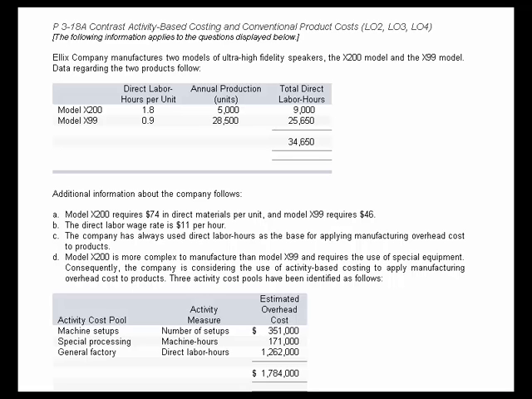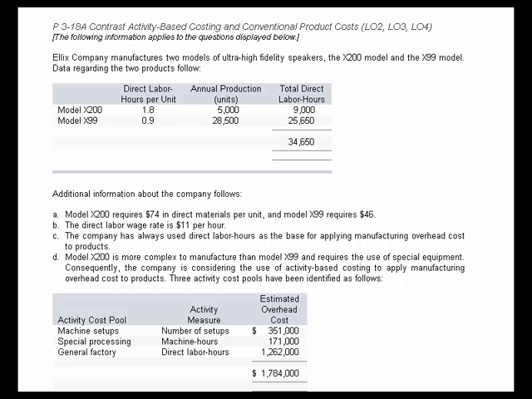Okay, next we're going to tackle the second part of this question, where we've got the X200 and X99, right? This time I've got 1.8, 0.9, 9,000, 25,650, 34,650 total direct labor hours.